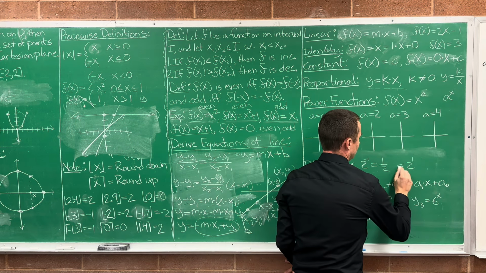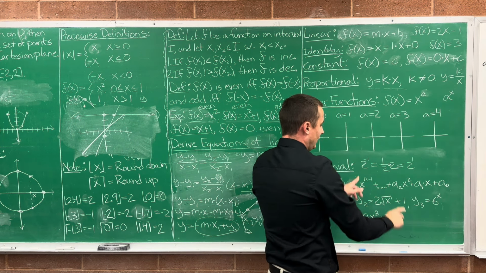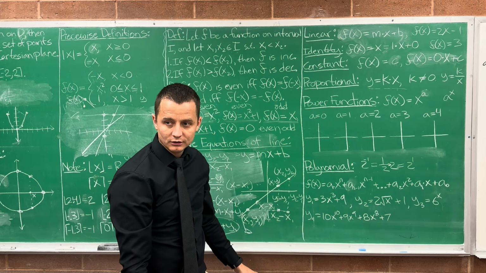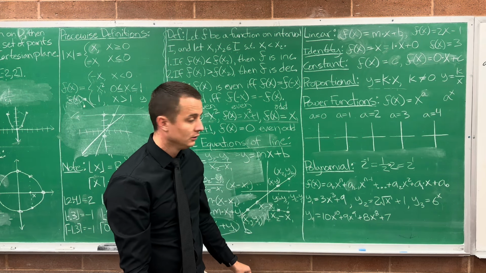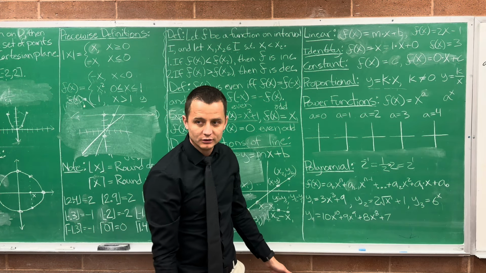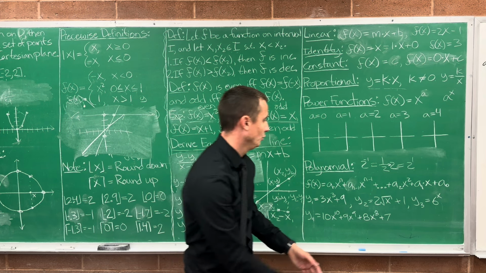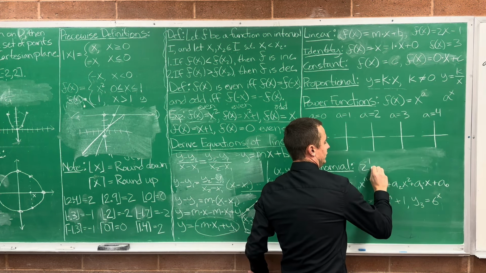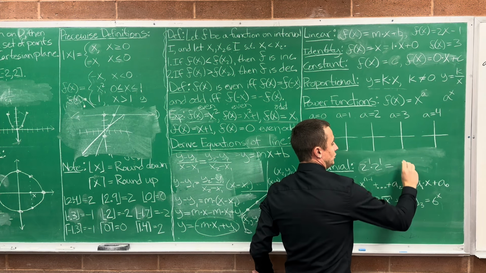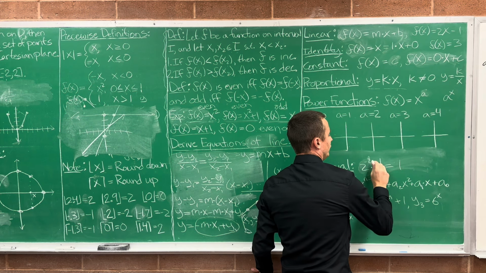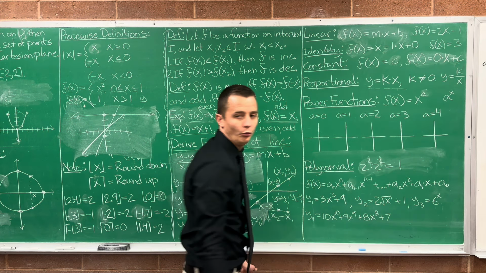So now, if I take 2 to the negative 1, which is 1/2, and multiply it by 2 to the 1, what do I get? What's 1/2 times 2? 1. So 2 to the minus 1 times 2 to the 1 is equal to 1.